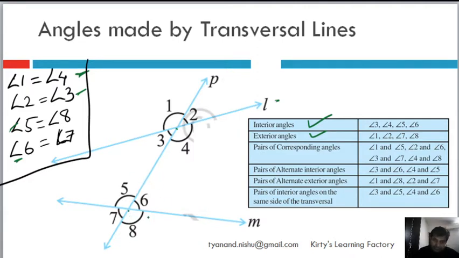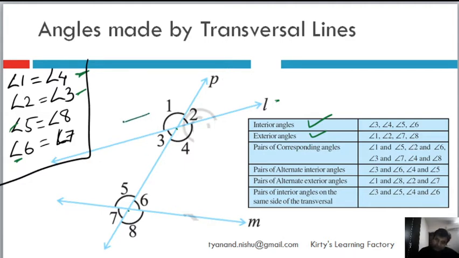Now I see this is angle 1 on this side, similarly this is angle 5. So the position of angle 1 and angle 5 are similar with respect to the point of intersection of the transversal line with individually lines L and line M, right?